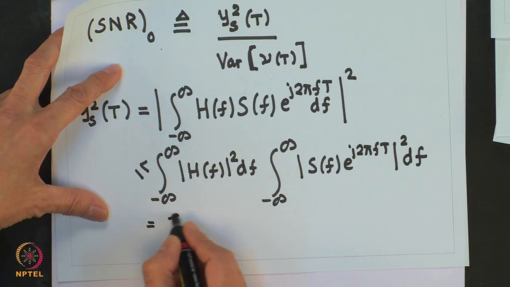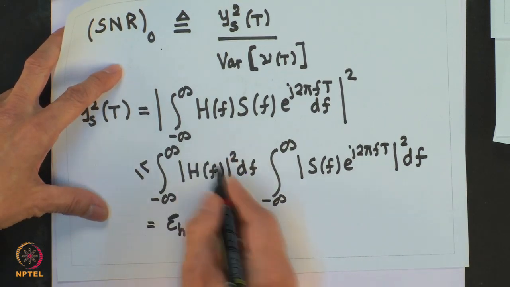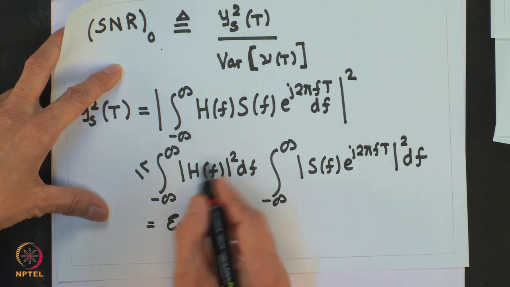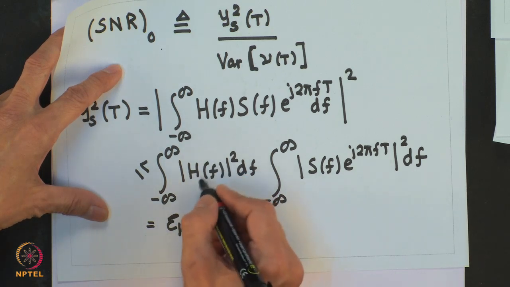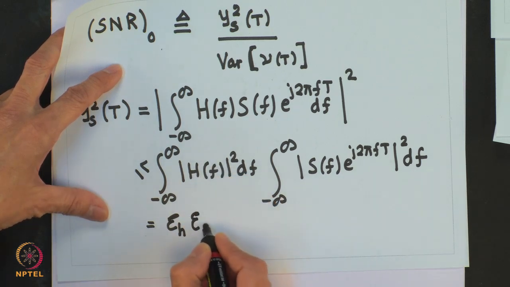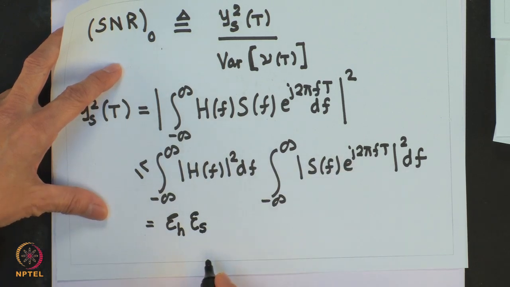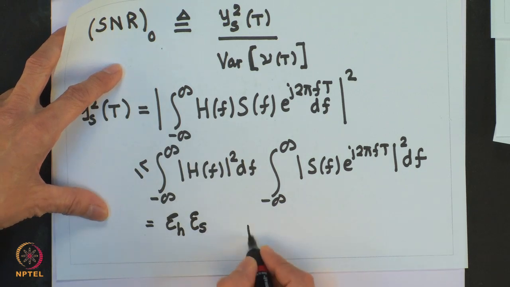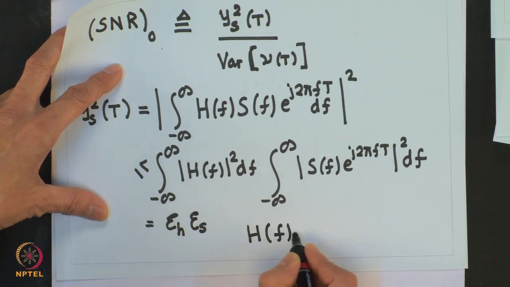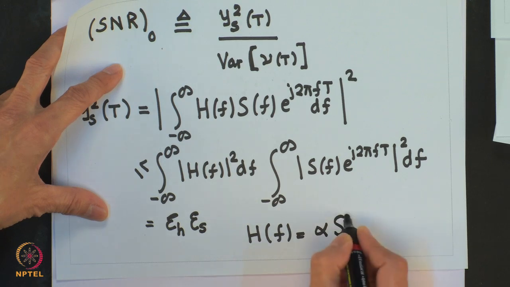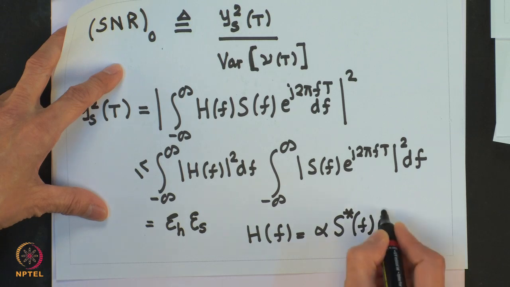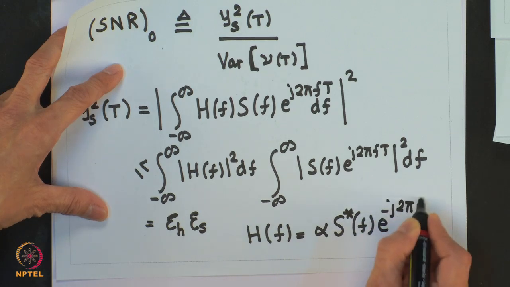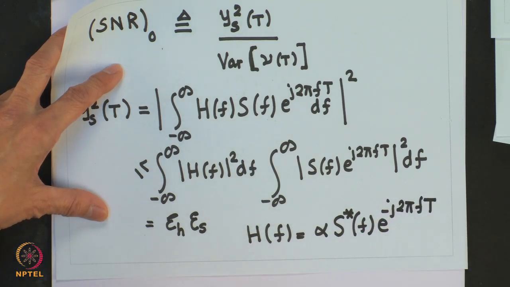So, this is equal to the energy in the impulse response h(t) times the energy in s(t), and this will be equal only if H(f) is of the form of some constant alpha multiplied by S conjugate (f) e raised to minus j 2 pi f T.